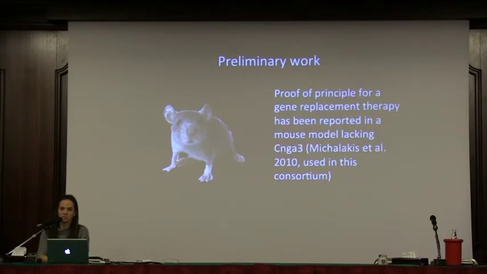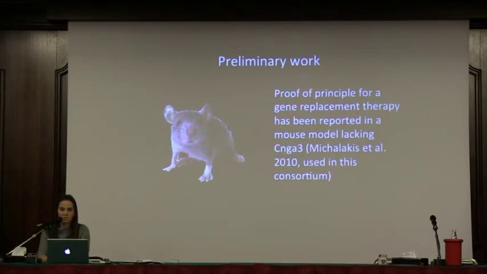First of all, because it was the very first gene described for achromatopsia, and ever since we also had the first mouse model for the CNGA3 mutation. And we've been trying to establish in mouse models a gene replacement therapy, which has already been reported by our colleagues and in some other labs.